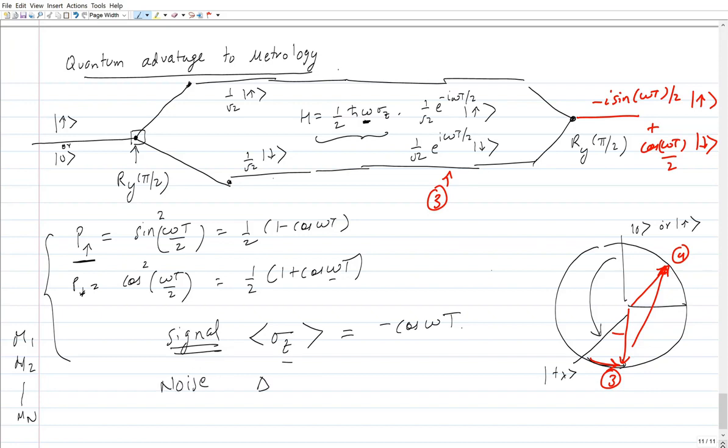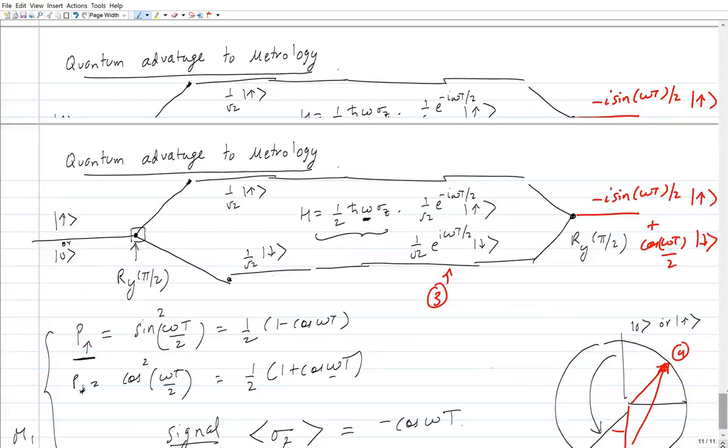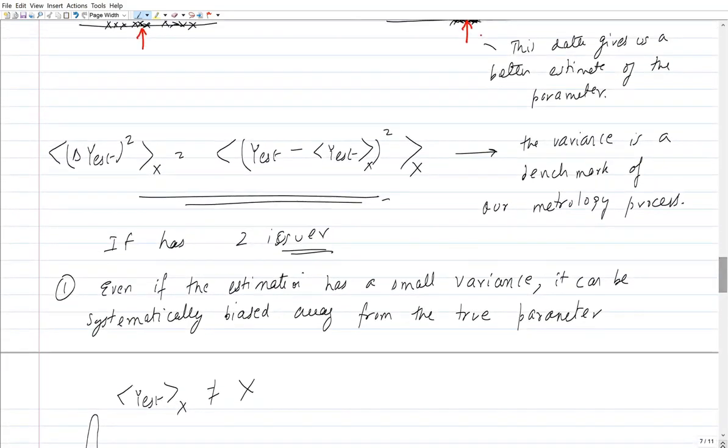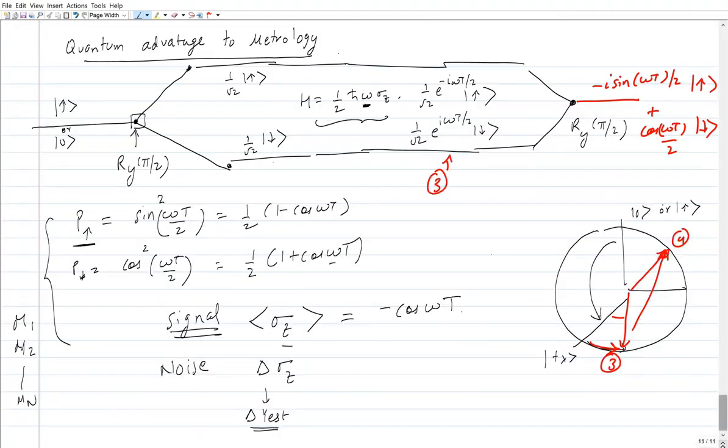And the noise or the variance, remember the variance of the estimate, this quantity is the variance of the y estimate, which we already calculated above. That is going to be essentially 1 minus cosine square omega t, or in other words sine square omega t.